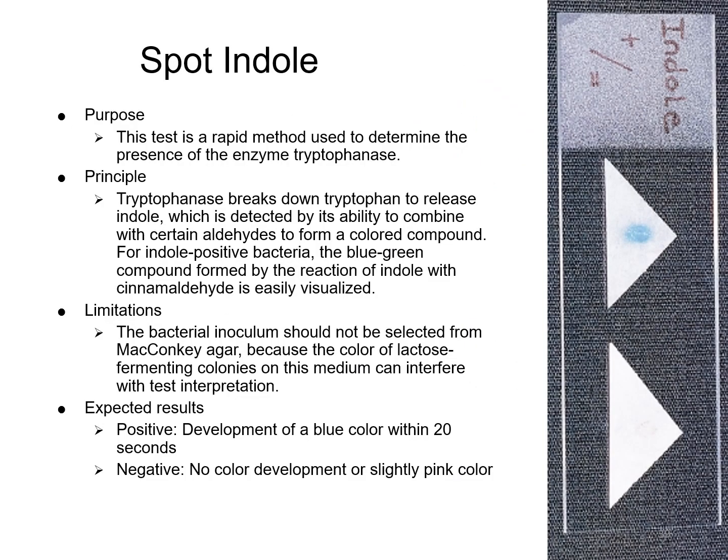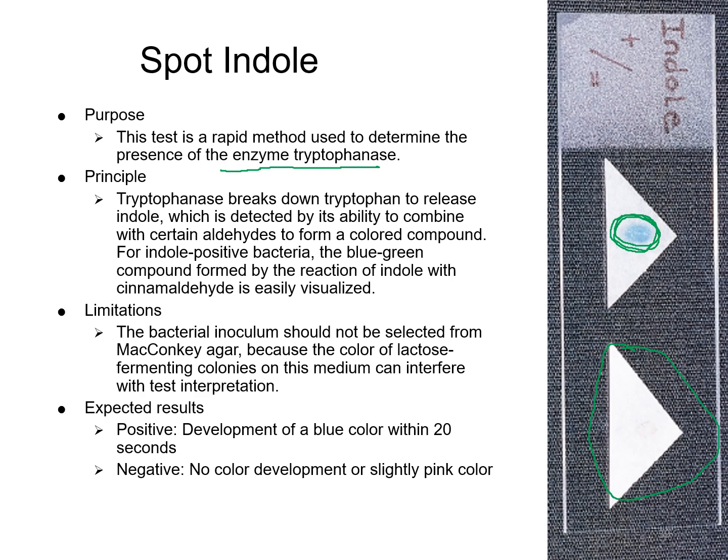So our spot indole, there are two different methods. Our spot indole is a rapid method. And so with this, what we're looking for is the presence of this tryptophanase. And so if it is present within that organism, we put usually some type of filter paper down, we put the reagent on it, and then we take a little bit of that organism and place that onto that filter paper.